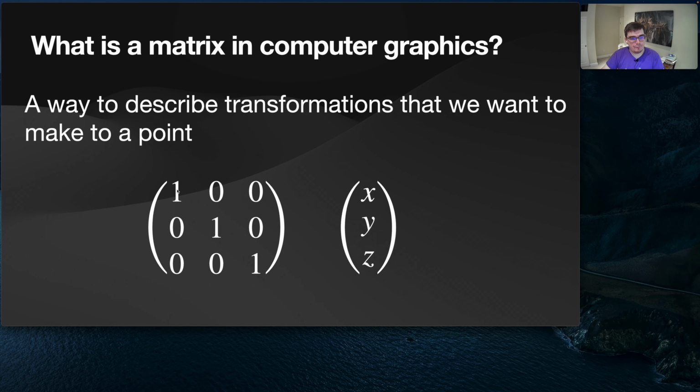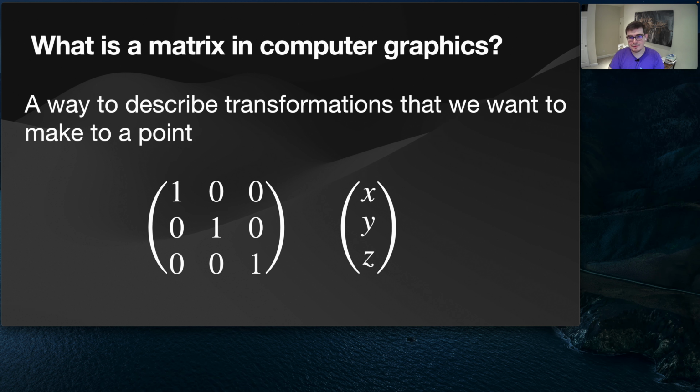You can think of each value inside of a matrix somehow determining what we want to do with either the x, y, or z coordinate of a point. And depending on the specific value in a specific cell of a matrix, the transformation of each of those coordinates will be different.